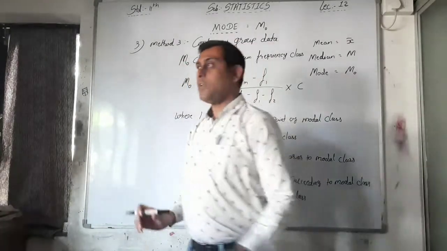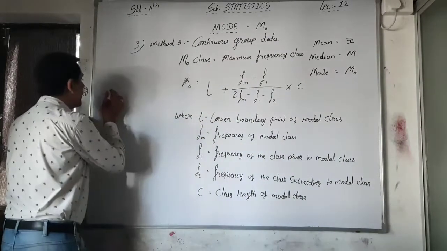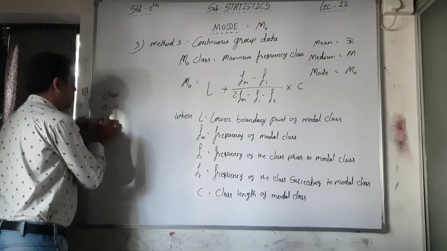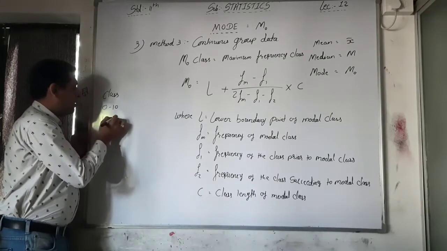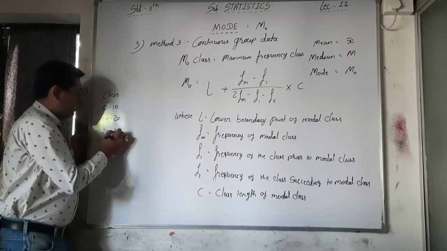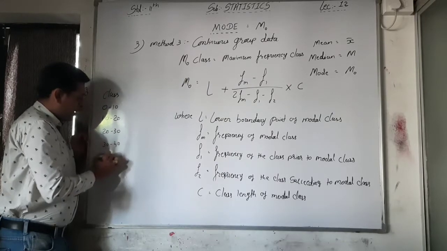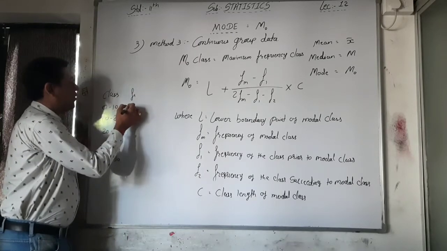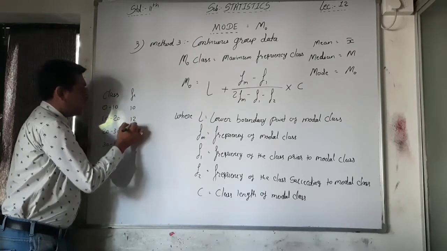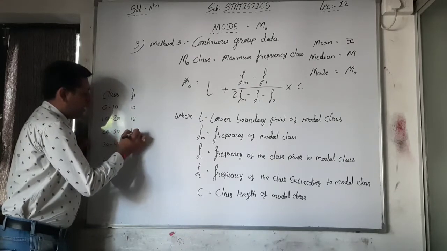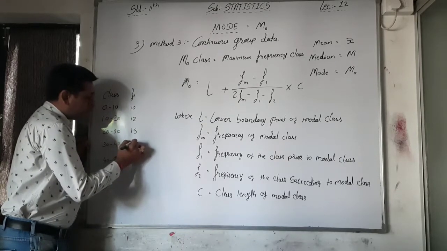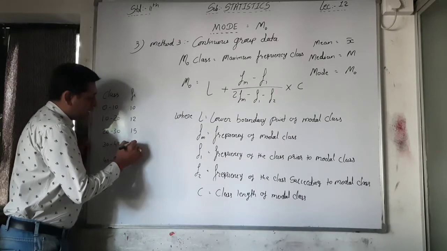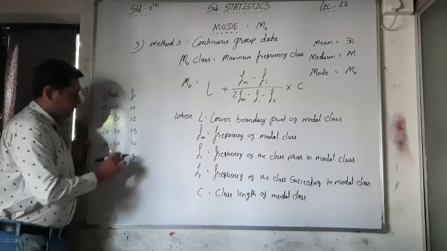See, here I am giving you an example. The classes are given 0 to 10, 10 to 20, 20 to 30, 30 to 40 and 40 to 50. Now the frequencies are given 10, 12, 15, then 10 and then 8, right?